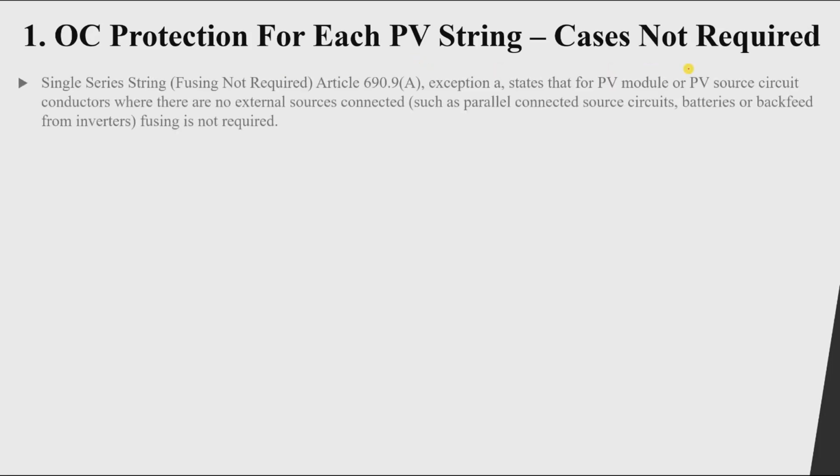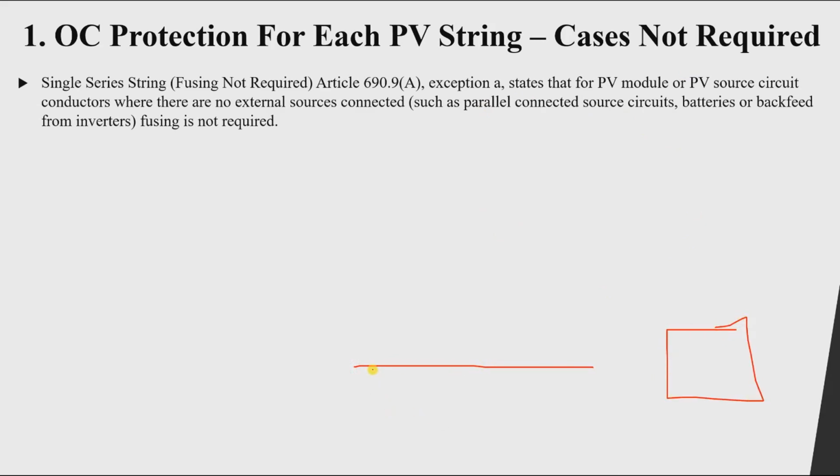First, if you have one single series string, just one string, in a PV system like this one, with one string with a positive and negative terminal going to the charge controller, according to article 690.9 in the NEC, the National Electrical Code, you don't need any fuse. So you don't need to add protection for this type of single series string.